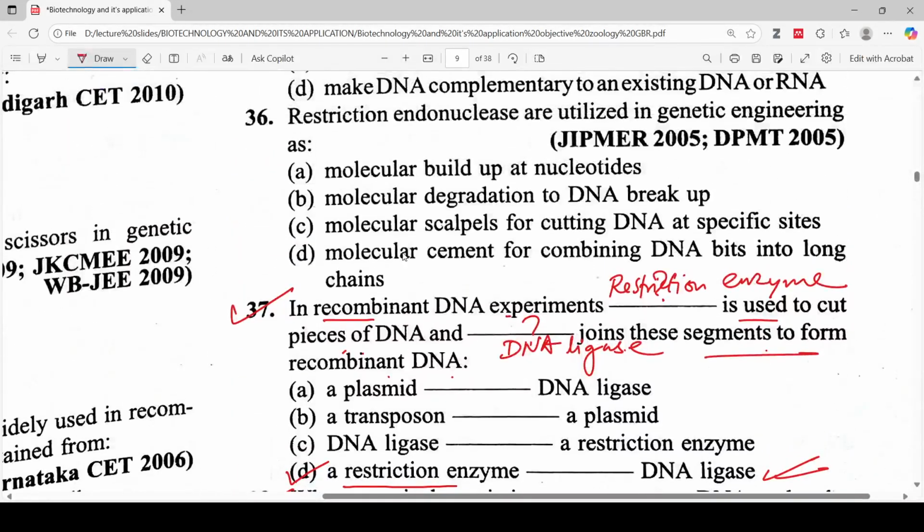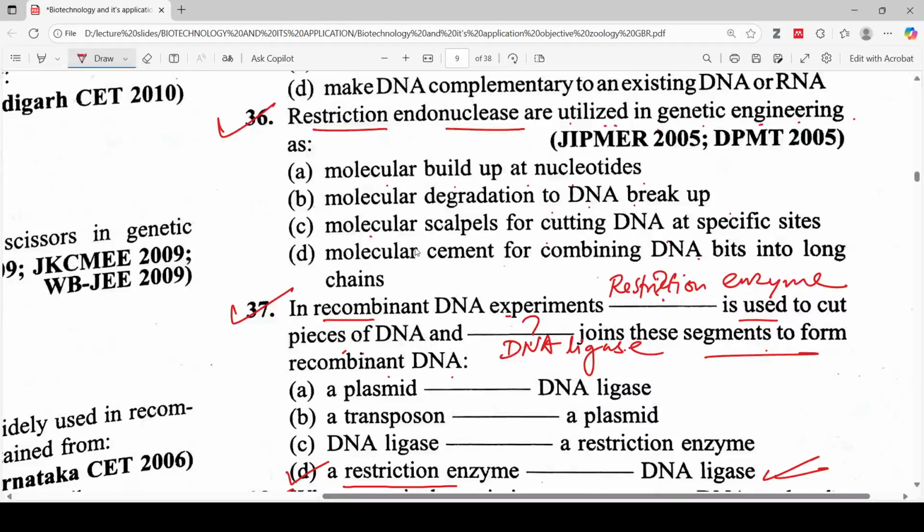Next question. Restriction endonucleases are utilized in genetic engineering as option A, molecular building of nucleotides; option B, molecular degradation of DNA; option C, molecular scalpel for cutting DNA at specific sites; and option D, molecular cement for combining DNA bits into long chains.